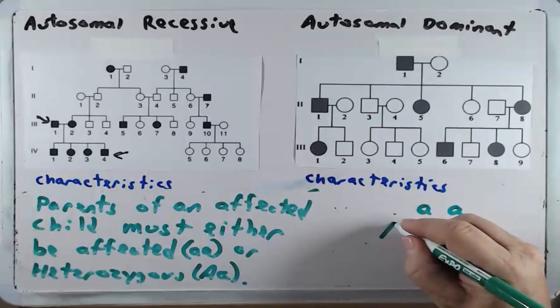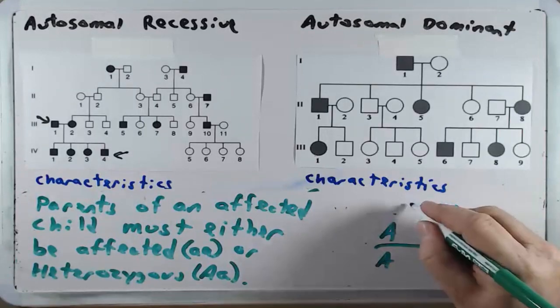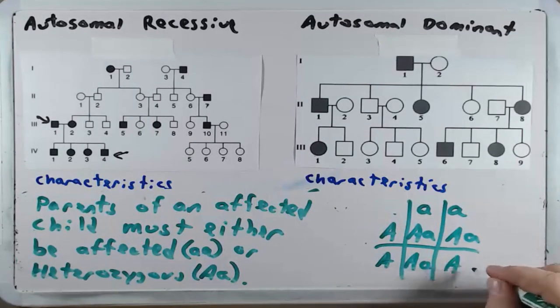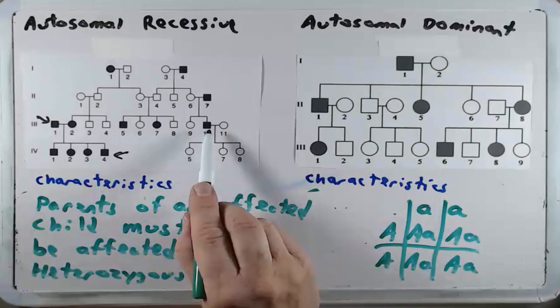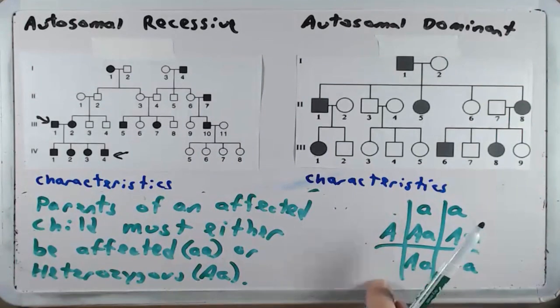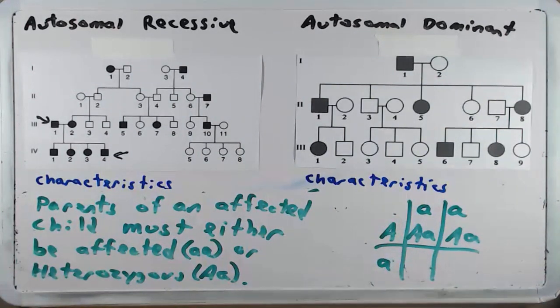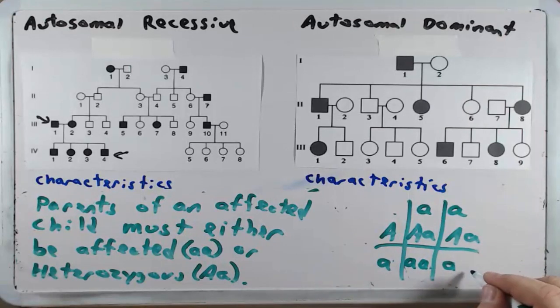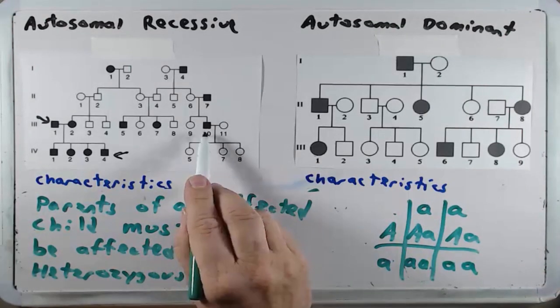If 6 were big A, these are the progeny they would make, all of them unaffected. So since we know this child's affected, we know that number 6 has to be heterozygote. So they would be little a, they could have children that are little a. And that's what you see here.